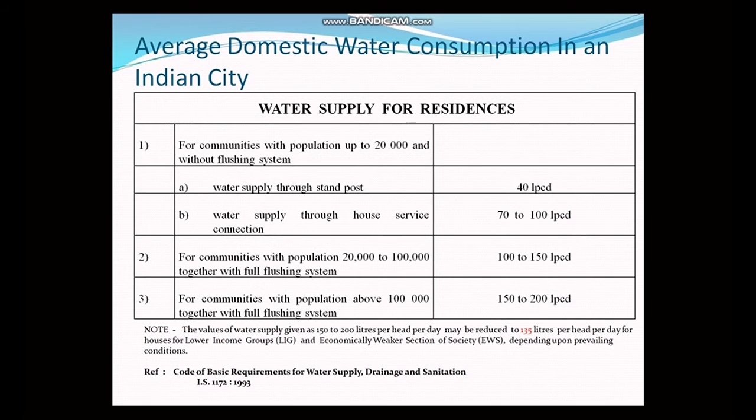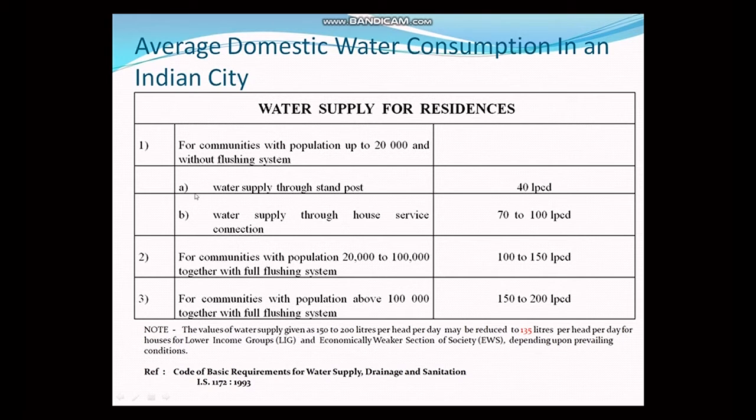The following table deals with the average domestic water consumption per head in an Indian city based on the total number of population. The first one is for the communities with population up to 20,000 and without flushing system, and it can be categorized into two parts.